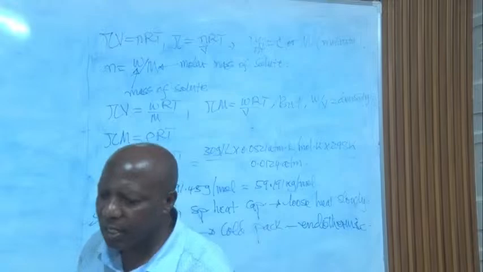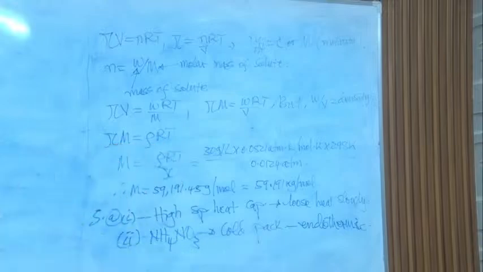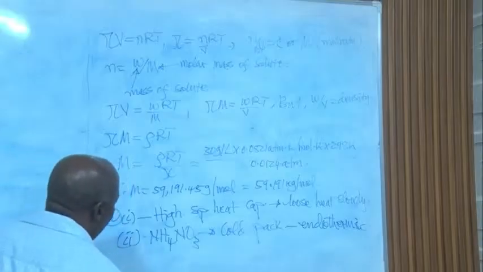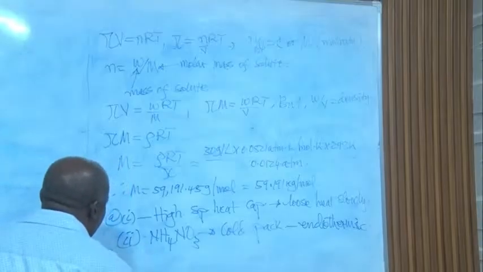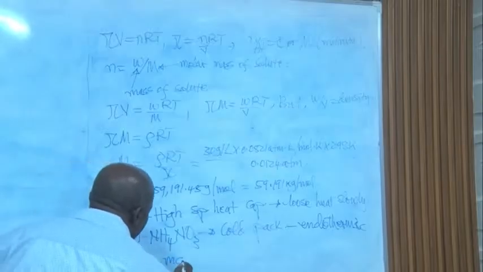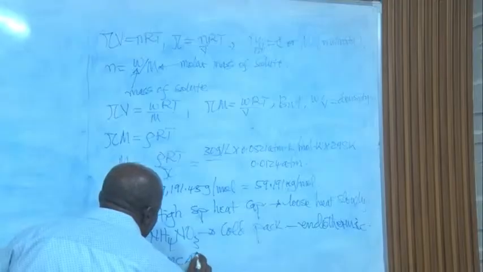Now the question is, what amount of heat energy will be absorbed by this 1 gram of water to raise its temperature by 10 degrees centigrade. So here we apply the formula that quantity of heat is equal to mass times the specific heat capacity times the change in temperature.